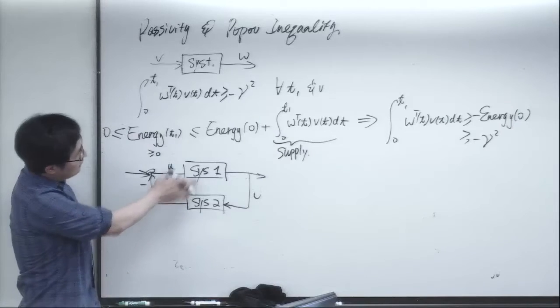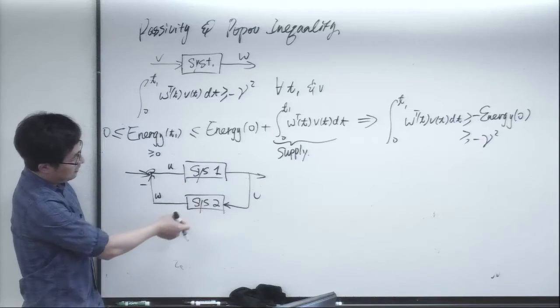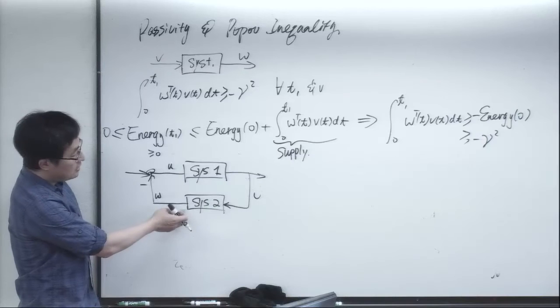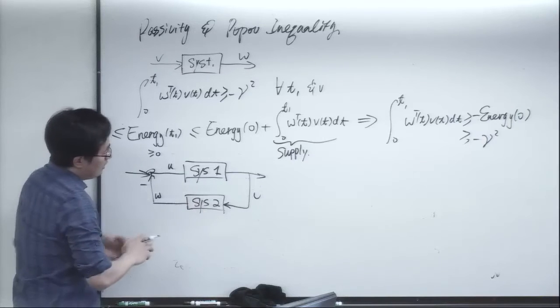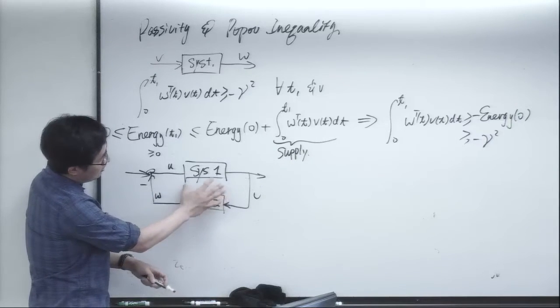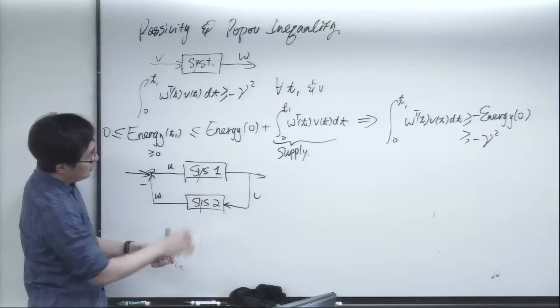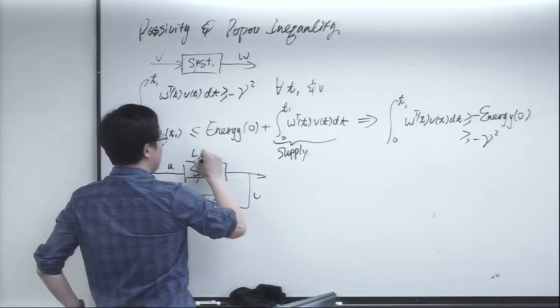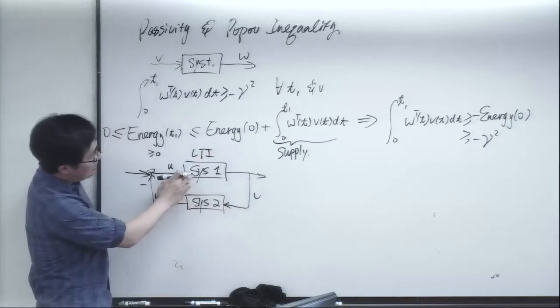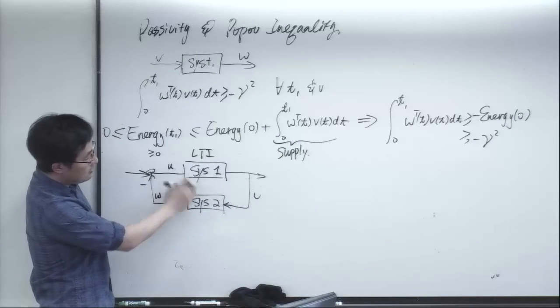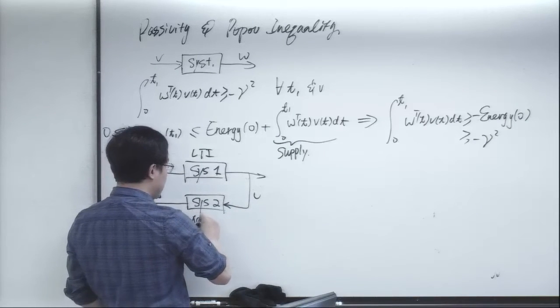And the power of this passive system concept is that we will be able to formulate this feedback loop, where our goal is to make the top part a linear time invariant system and the bottom part can be nonlinear.